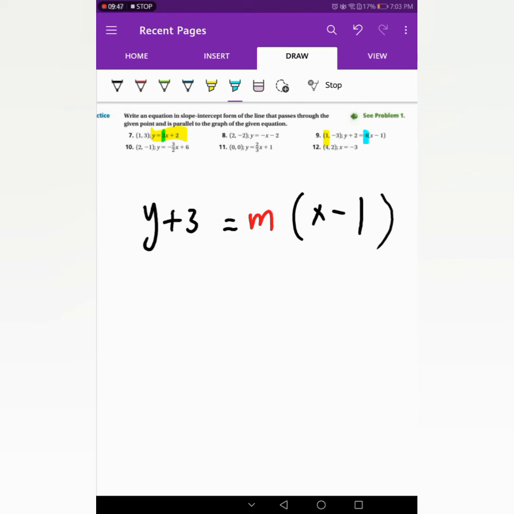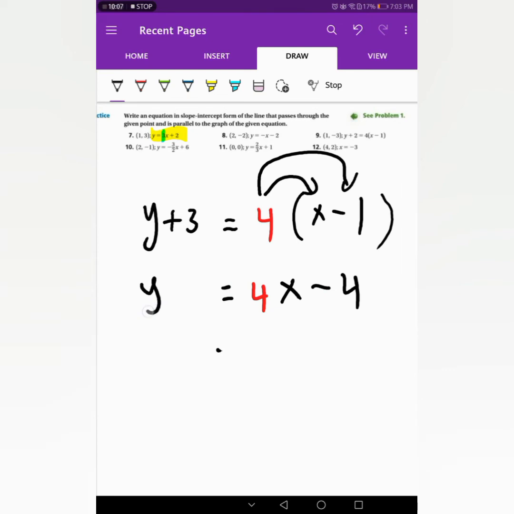I need only the slope, which is 4 here. So I erase this and write 4, and as usual we break the parentheses. So 4x, then 4 multiplied by negative 1 equals negative 4, which equals y plus 3.